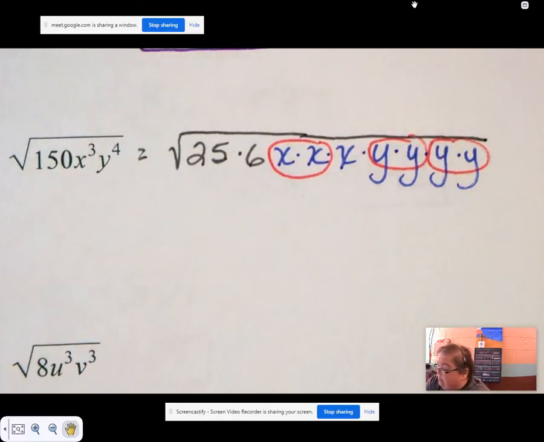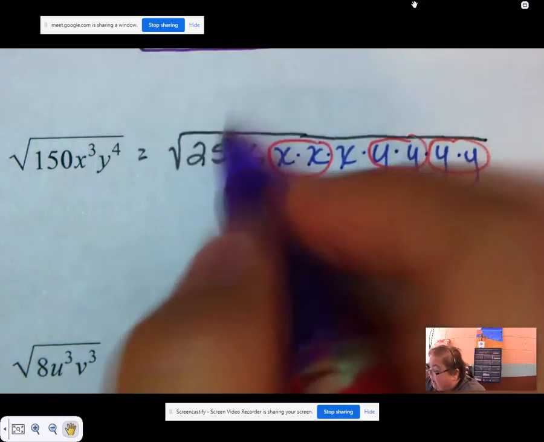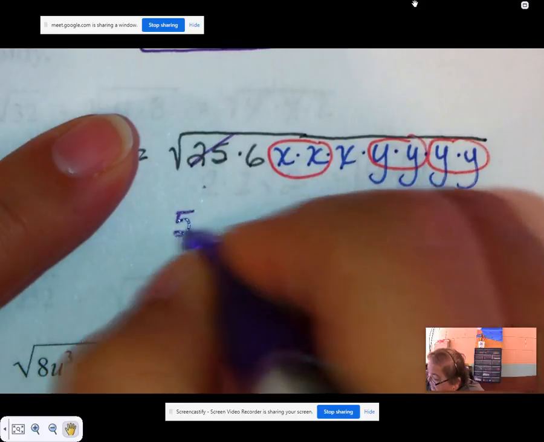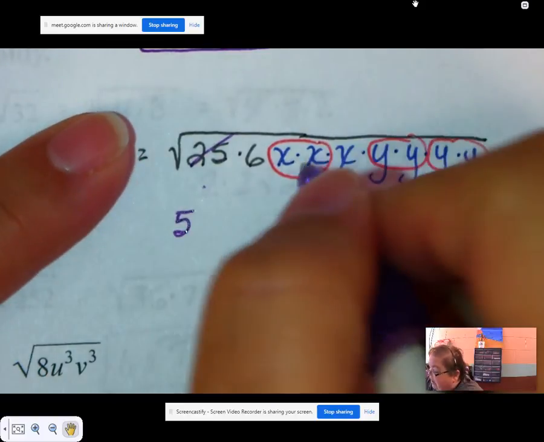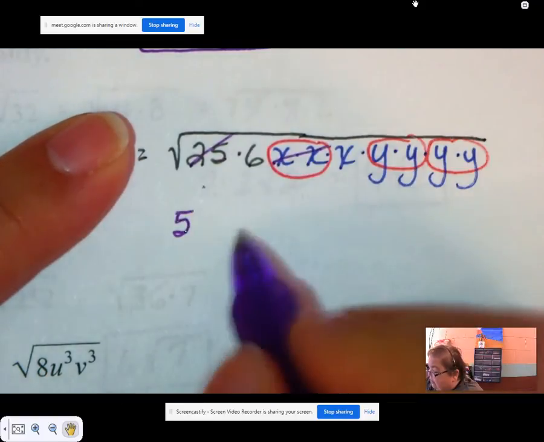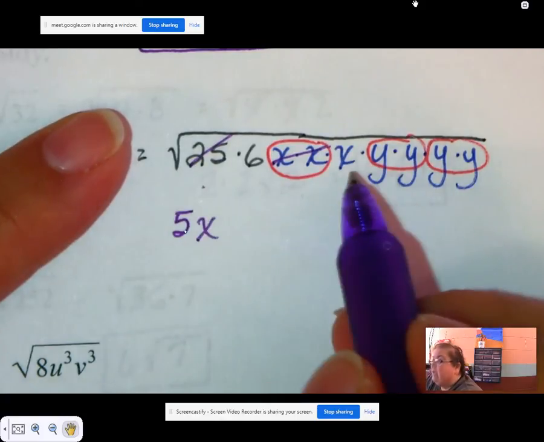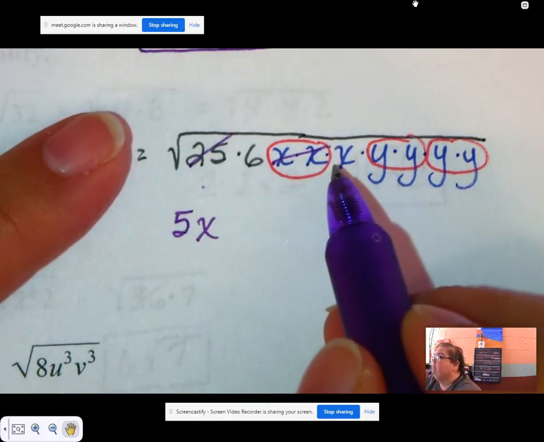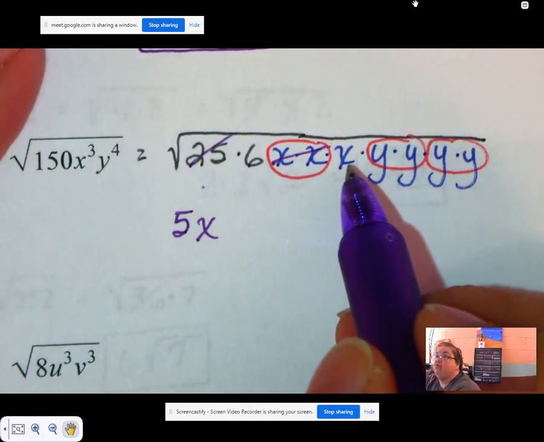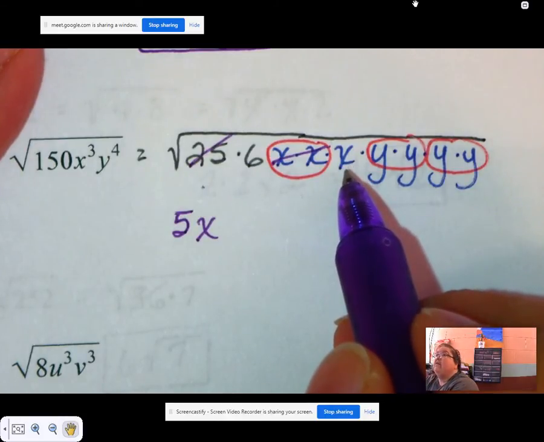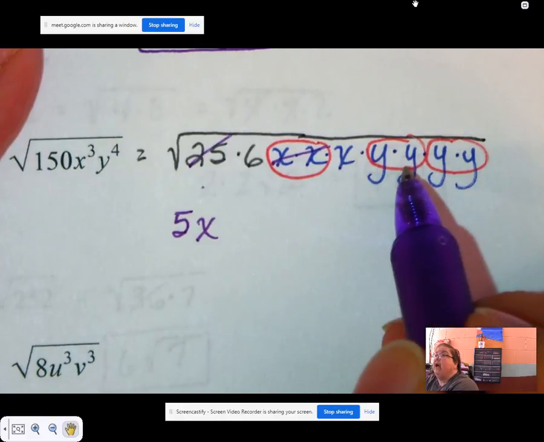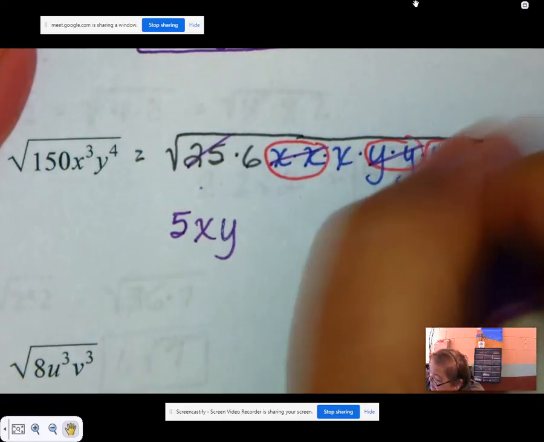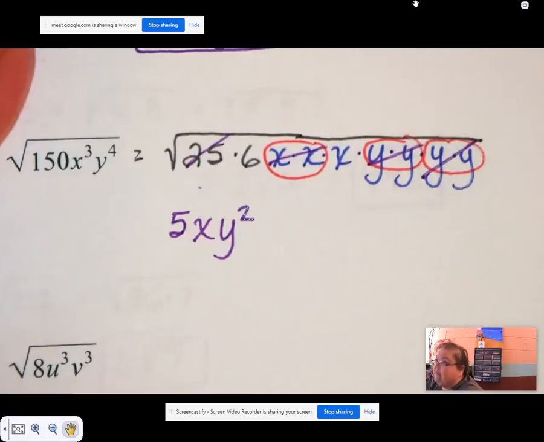Okay, so let's see what we've got. What is the root of 25? 5. I got one group of x's here. Can I remove this one from the radical? Yes or no? There's just one. It has to stay there. Only 2 at a time, remember? I can pull out that y, and there's a second y.